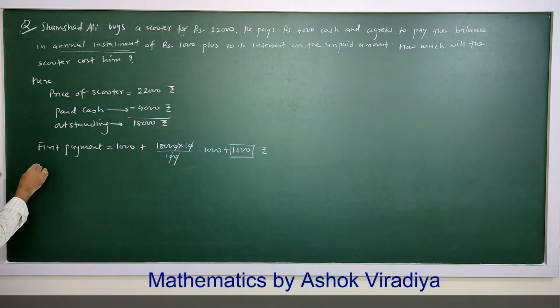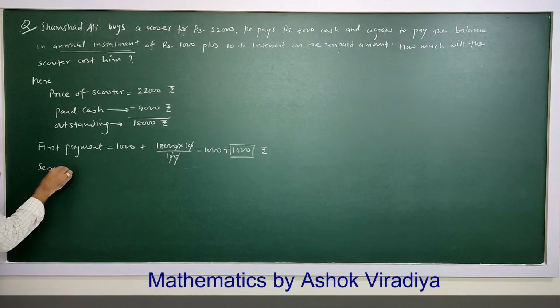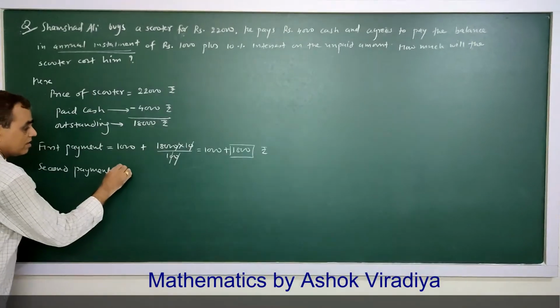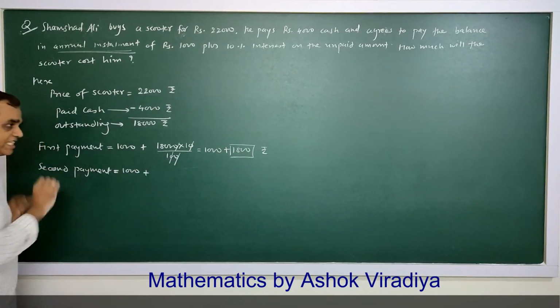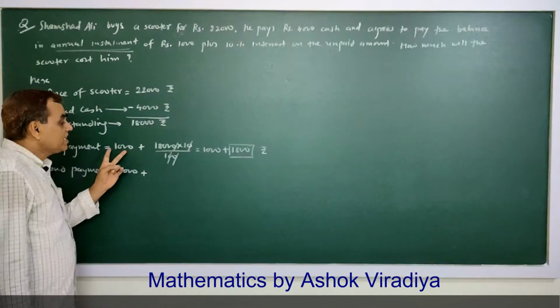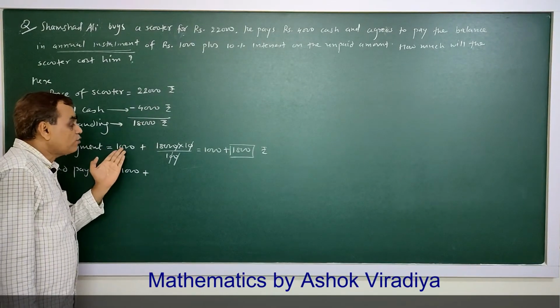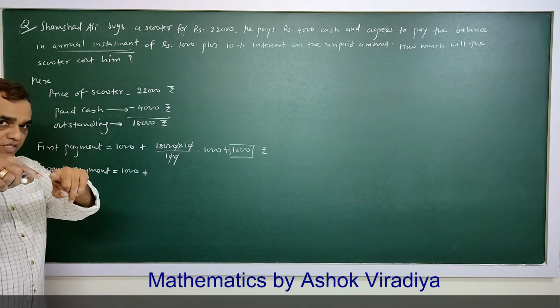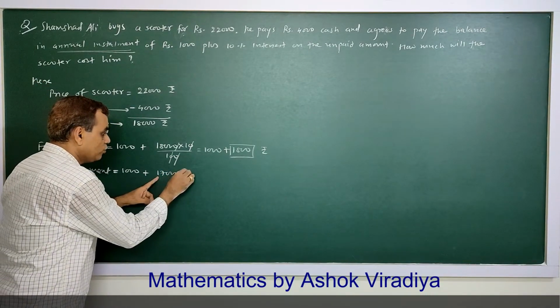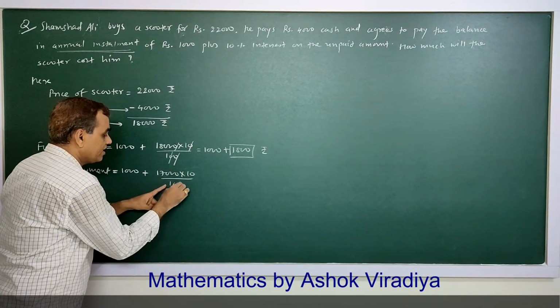Then the second payment: again 1000 installment plus, when 1000 is paid from 18,000, the outstanding is now 17,000. So 17,000 into 10 upon 100.